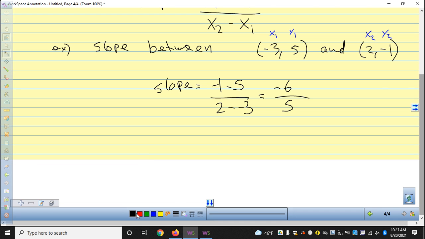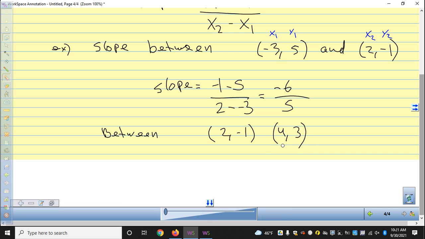All right, let's look at one more point just to make sure we have this idea. I'm going to say (2, -1) and (4, 3). I'm going to label my points, and let's say this time I decided to label them the opposite way.